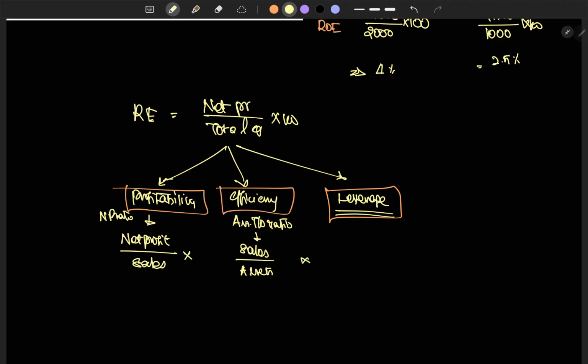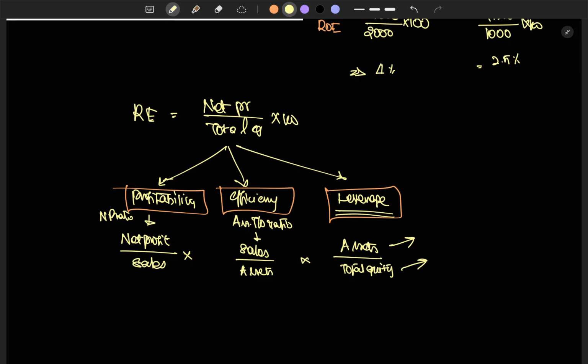And what does leverage talk about? Leverage compares assets with total equity: how much equity the company has, and with that equity how many assets it has on its balance sheet.